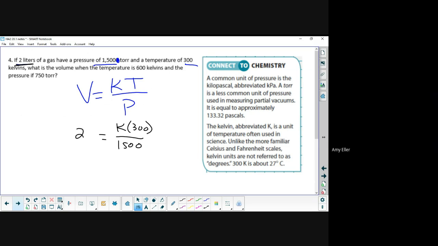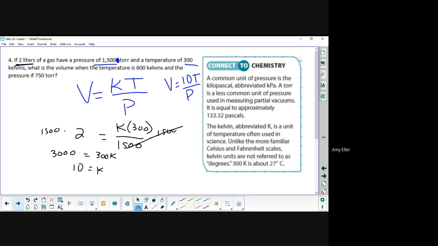Solve for K. Questions so far? I get a K of 10, so I'm going to rewrite my equation with a 10 for K.